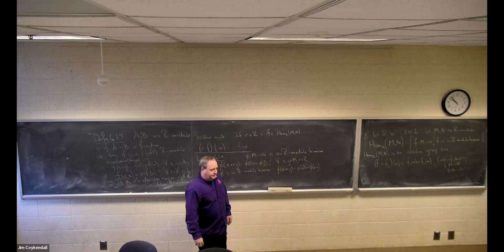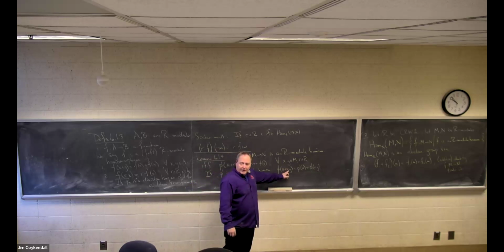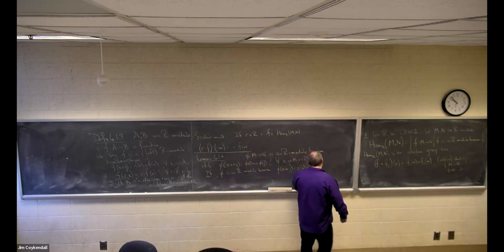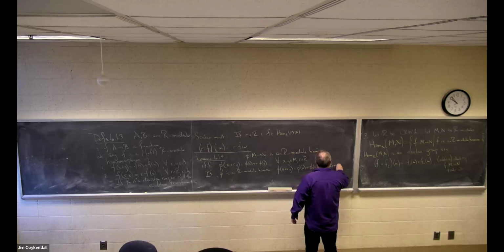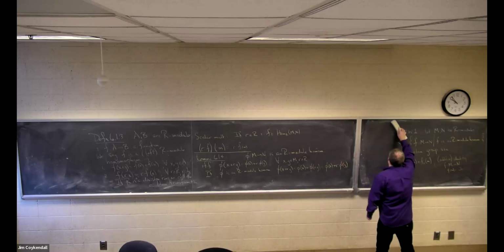Everybody agree with that? Because both of these chunks, x and ry, are both elements of M, so I can break it up this way. And now I can slide that scalar out. And so there you go. That I think is the easier direction.